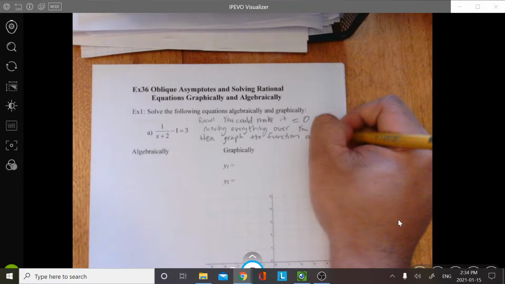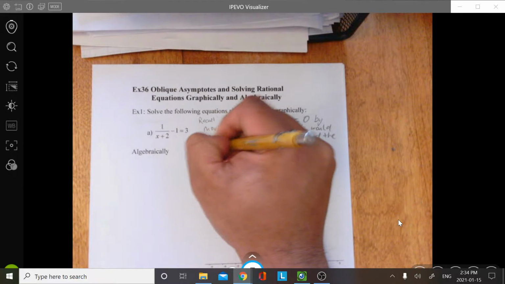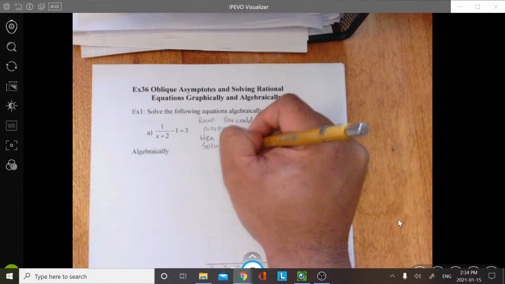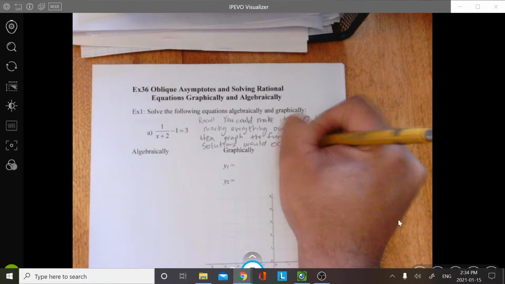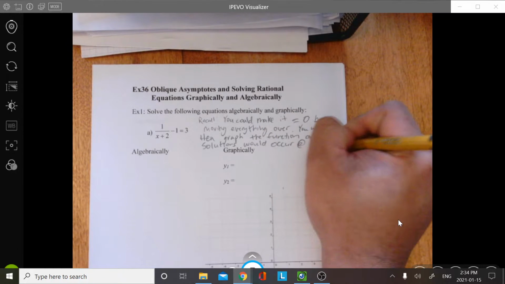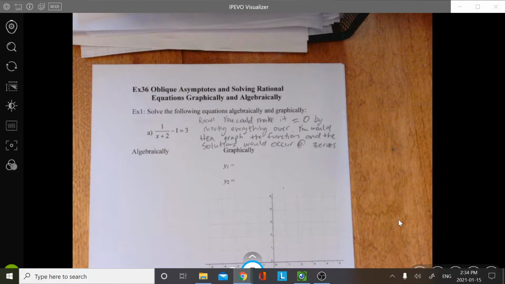And the solutions would occur at the zeros or the x-intercepts of the graph. Okay, so we've done that before, so that is still an option for you.